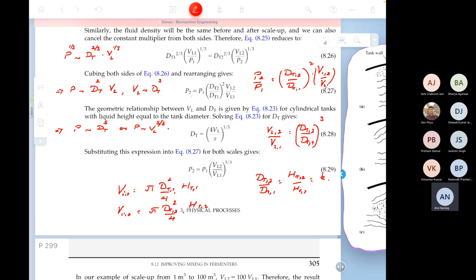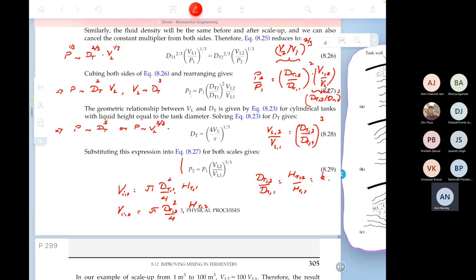So essentially this quantity can be written as dt2 over dt1 cubed, or if you don't like that and if you want to work like her, you can replace dt2 over dt1 squared by V2 over V1 to the power 2 over 3.